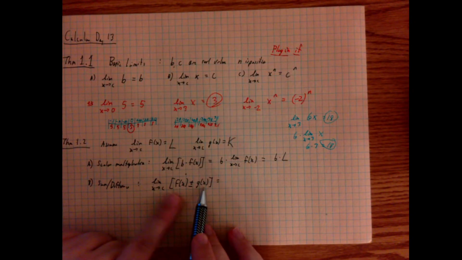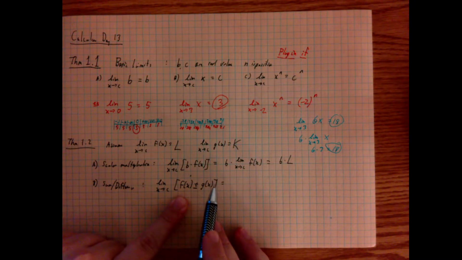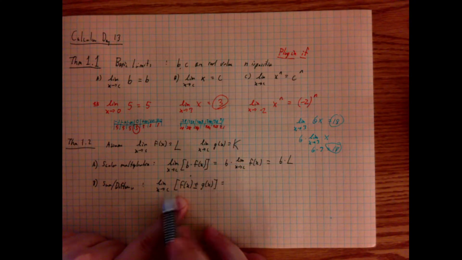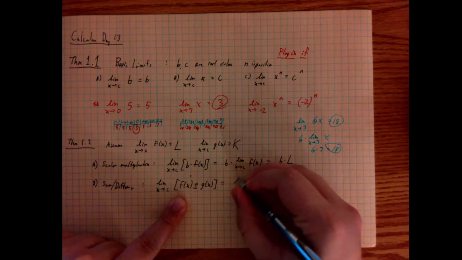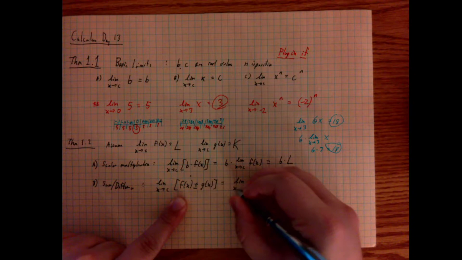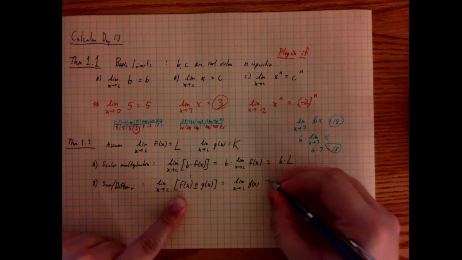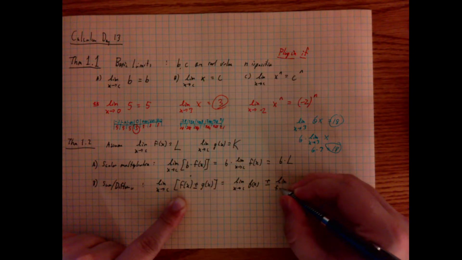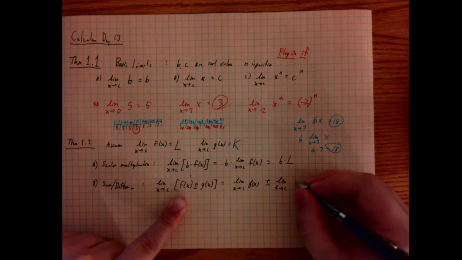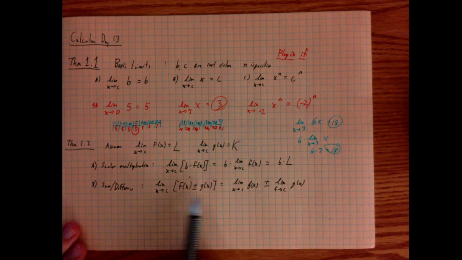If I have two things inside a limit being added or subtracted, f of x and g of x, what I can do is break that big limit into two smaller limits.